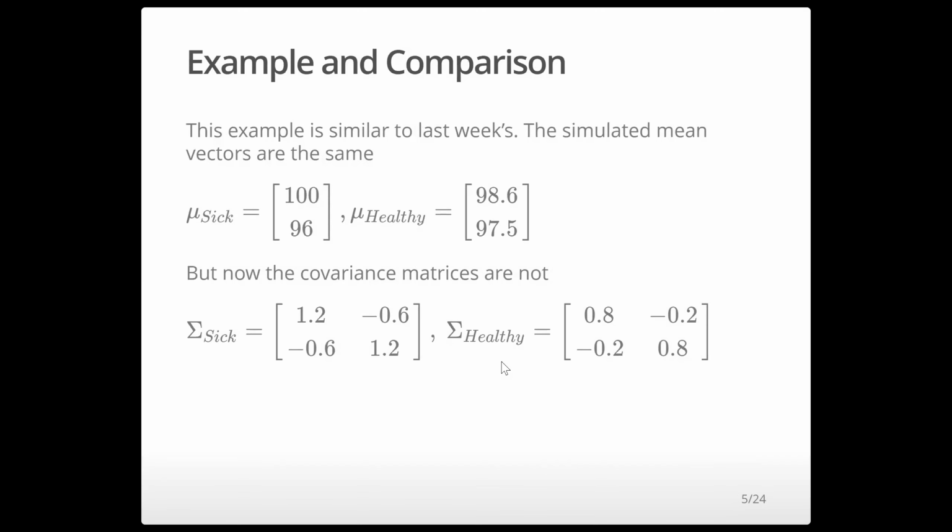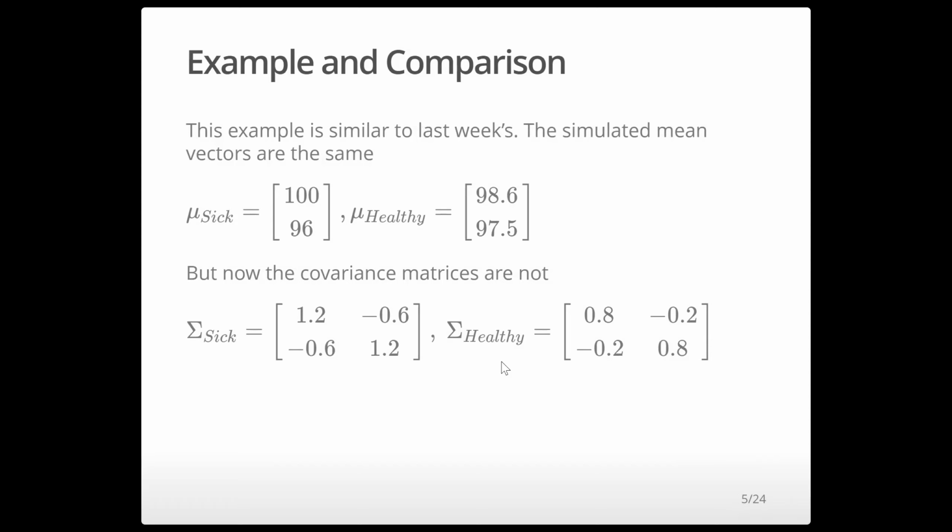So this is the same as the example from last week. We're using the same mean vectors for people who either have COVID or do not have COVID for temperature and oxygen levels. But the difference is we're going to use different covariance matrices for our simulation here.